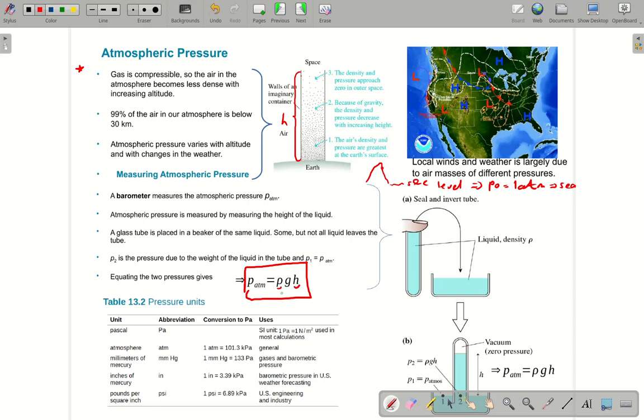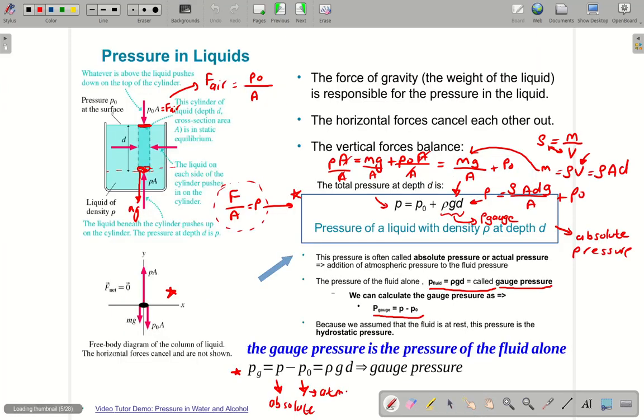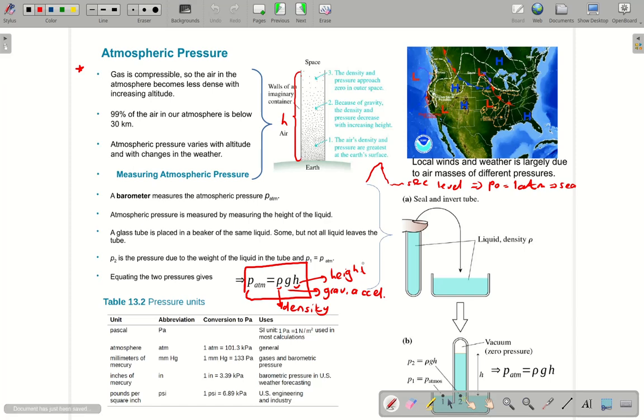Overall in this region I can calculate the pressure of the atmosphere using rho g h. Rho is density again, g is our dear friend, gravitational acceleration, and h is the height of the column. Notice here that for the height of the column for water we call it d, but it's simply the equivalent equation. H or d is the height.